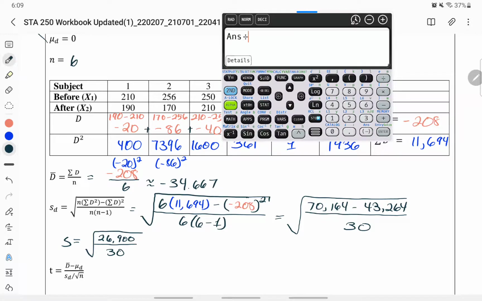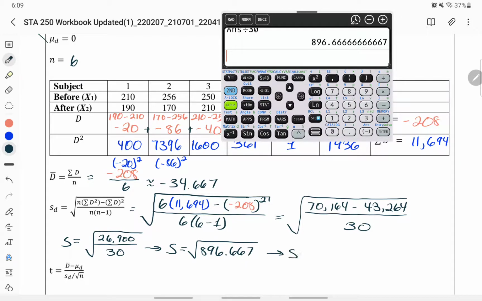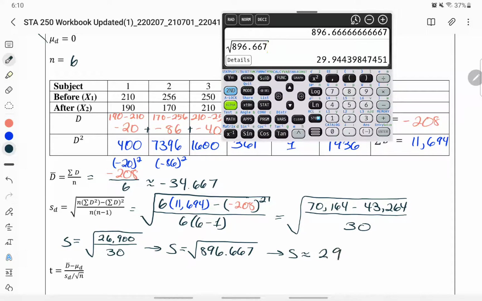Let's divide that number by 30. Square root of 896.667, that's 29.944.